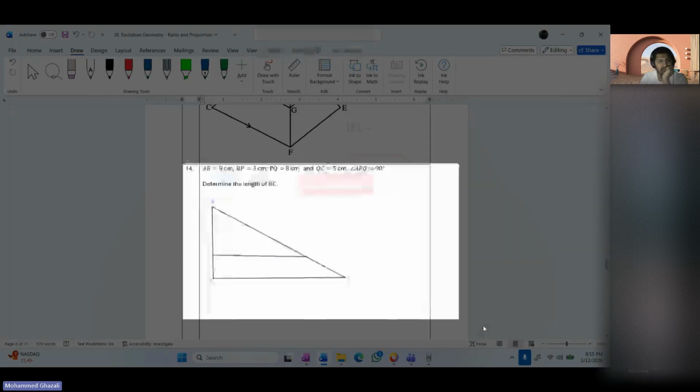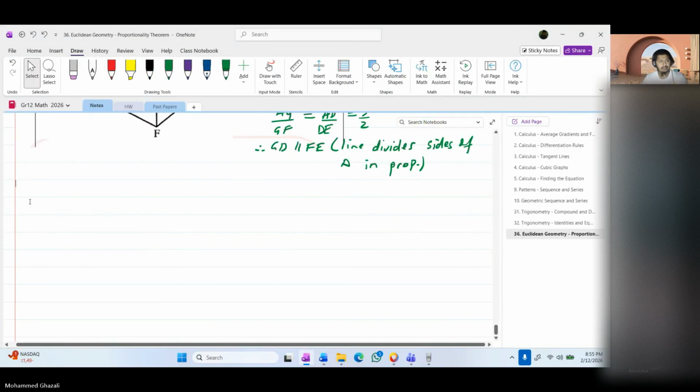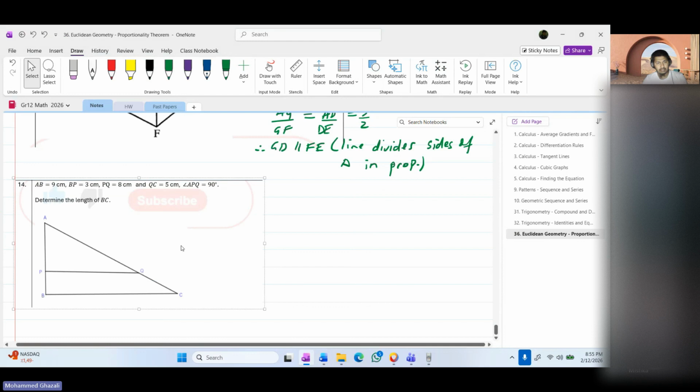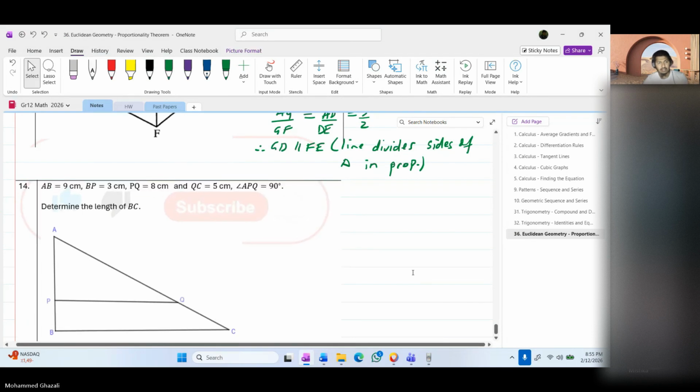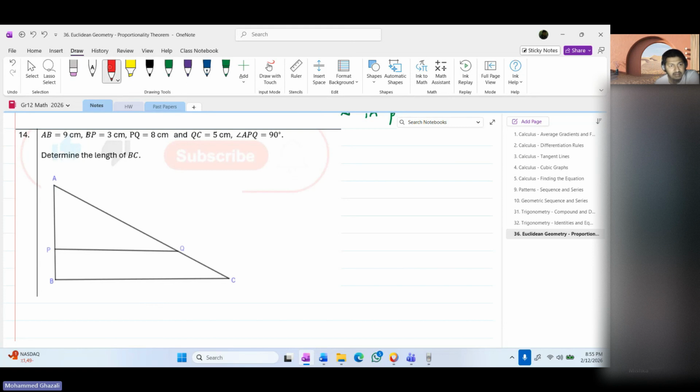Let's try to solve these quickly. That's the only problem here. AB is 9. PB is 3 centimeters, and AB is 9, so AP is 6. PQ is 8.